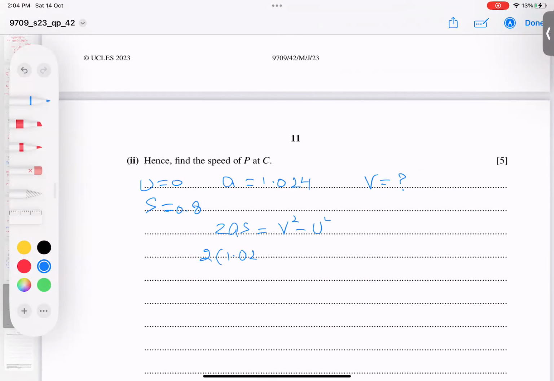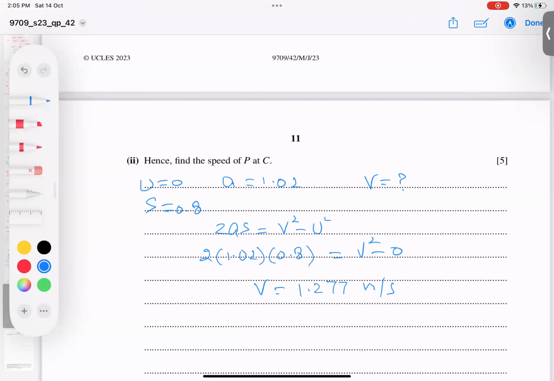Even if I take 1.02, no issue, because he said to find the answer. So s is 0.8, finally u is 0. If I type in the calculator, let me check: 2 times 1.02 times 0.8 and take the root of this whole. It is giving me 1.2774 meters per second. Okay, this is done.